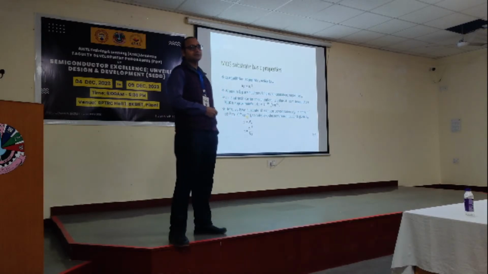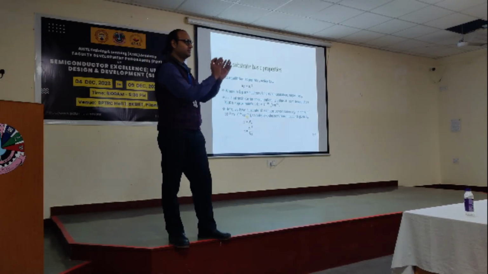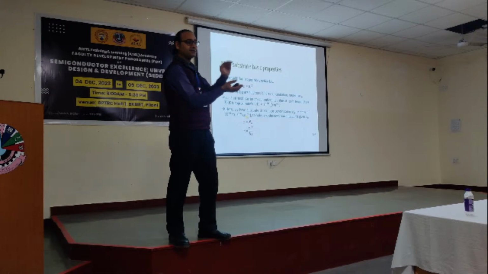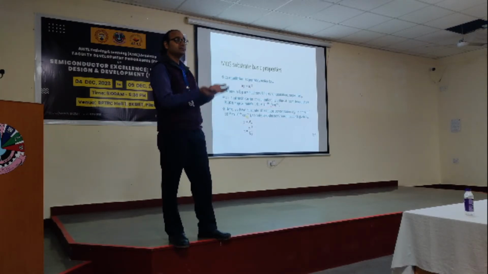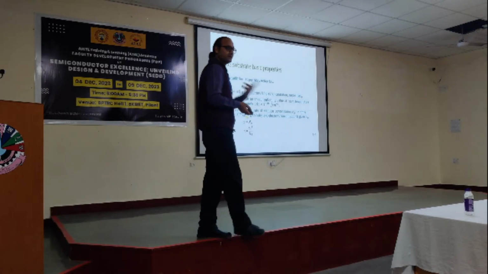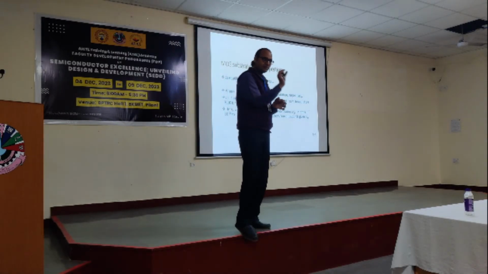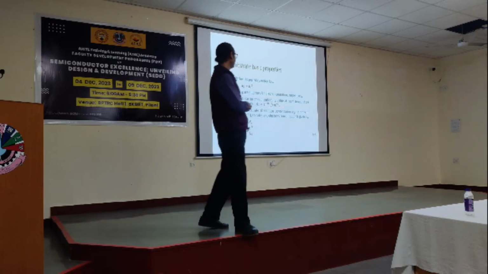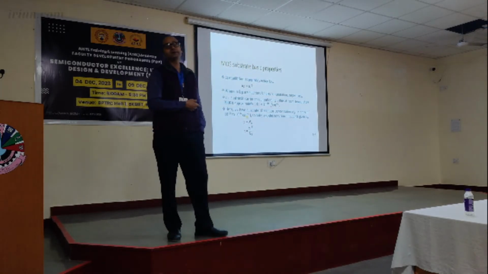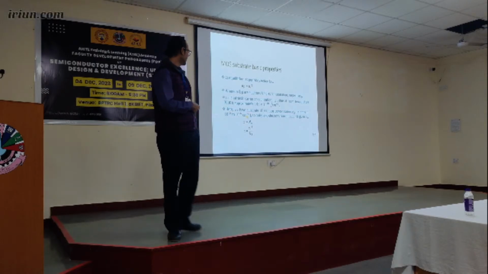All the electrons will be well tied in the covalent bonds in the valence band. Nothing will be free, no free electron will be there in this case. As temperature increases, covalent bonds break, and for every bond breaking we have one electron and one hole. That means around this number of bonds has been broken at 300 Kelvin.